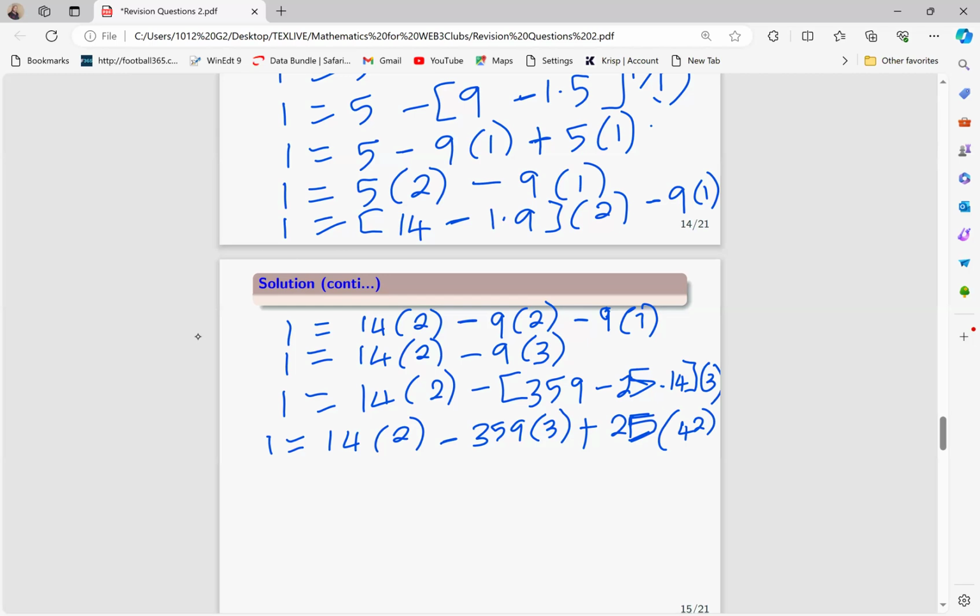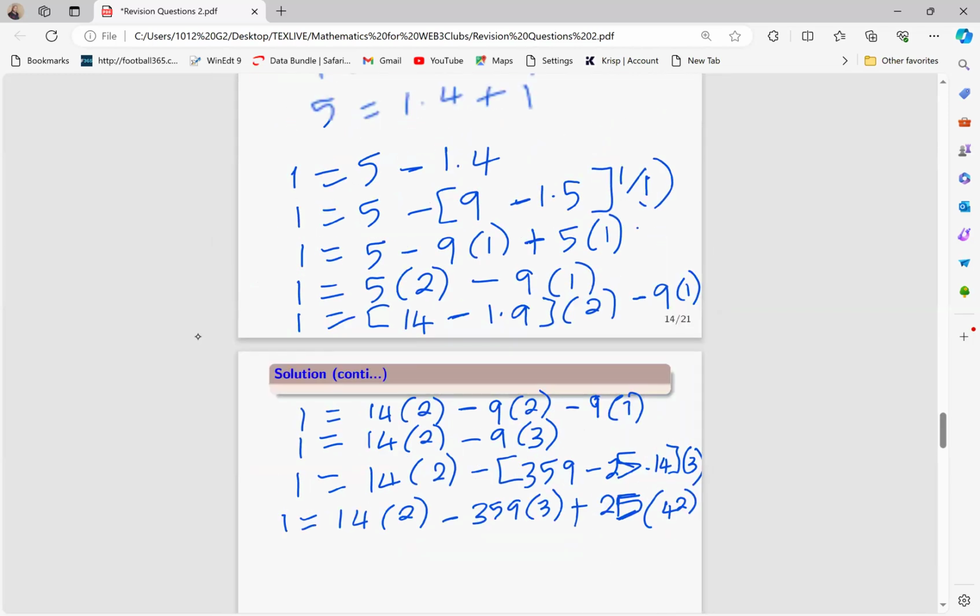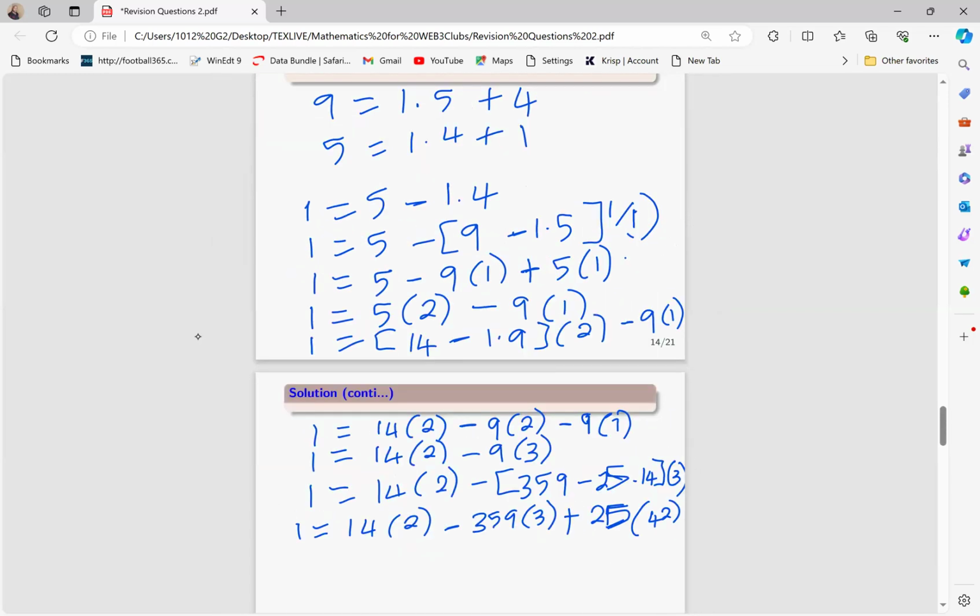Because we're rewriting the 25 for the 14. It's supposed to be 3 times 25, which is 75.